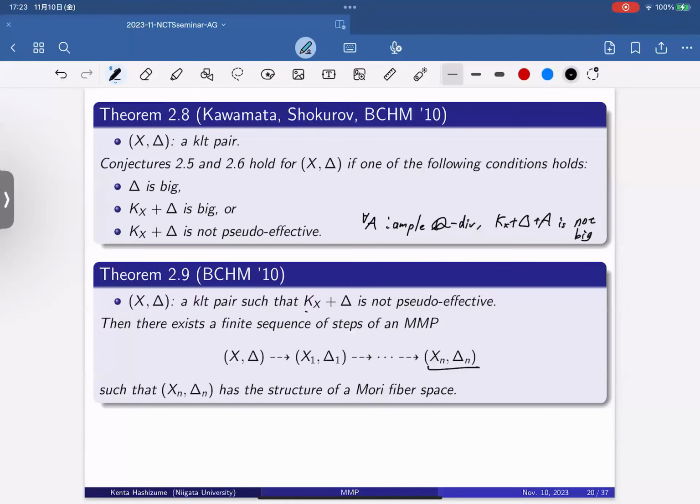By construction of MMP, we see that all these pairs are KLT.